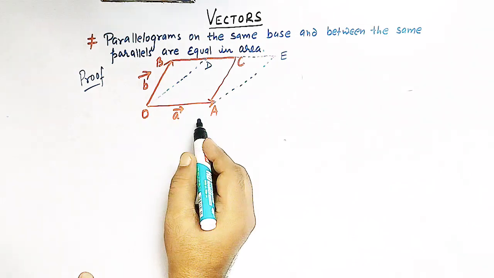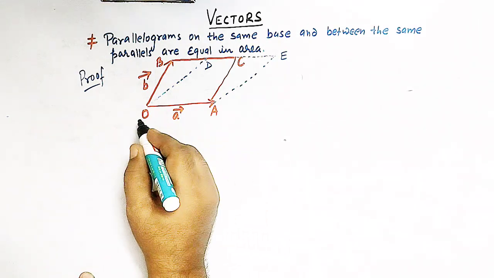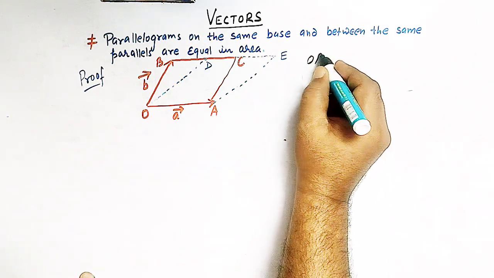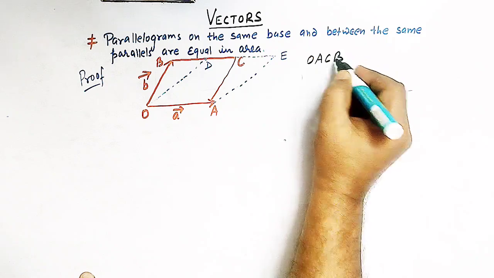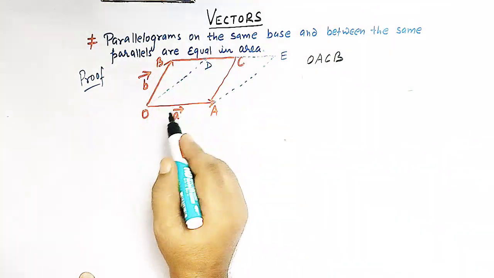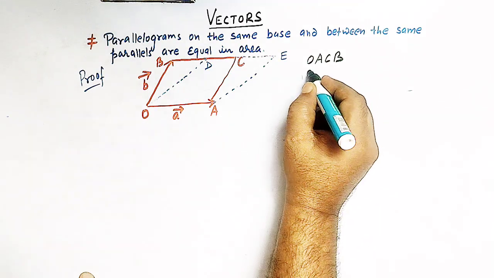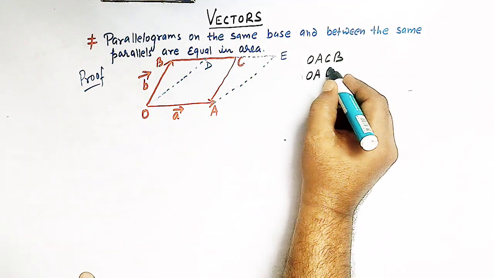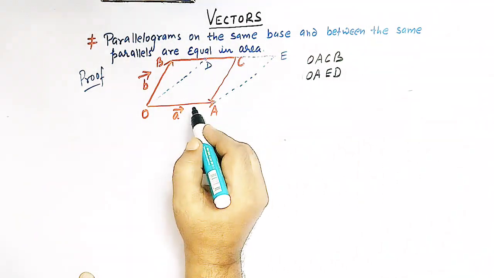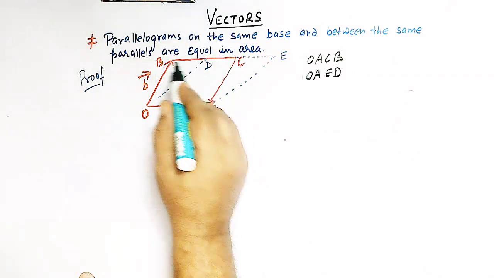So now here we have two parallelograms. The first one is OACB. The second one is OAED. Now these two parallelograms are on the same base.